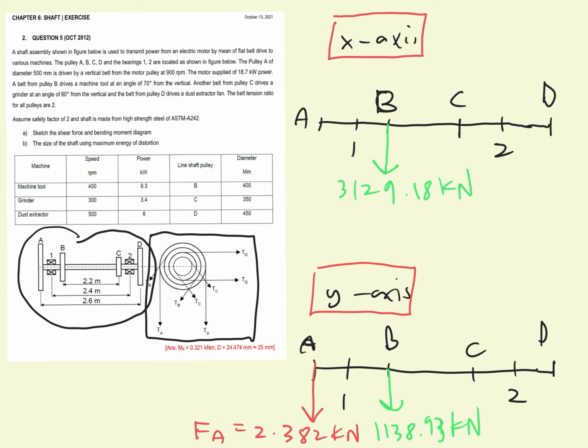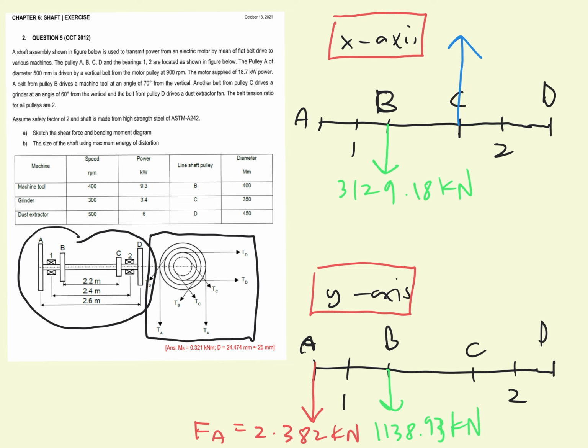The right side means it has the positive sign, so it will be positive.